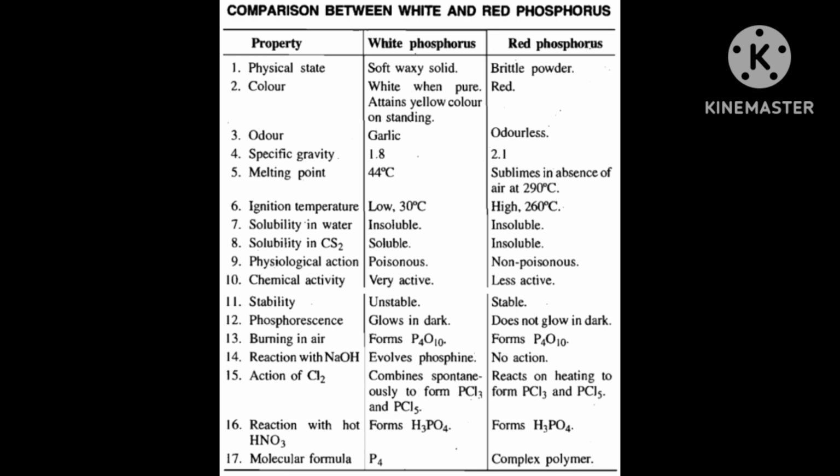Alpha black phosphorus can be sublimed in air and has an opaque monoclinic or rhombohedral crystal structure.